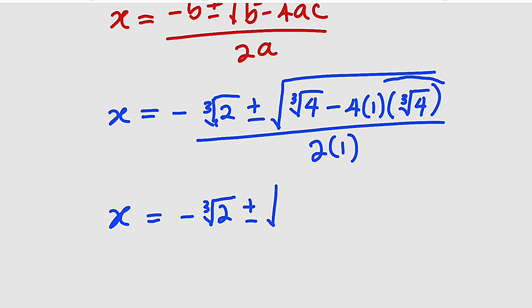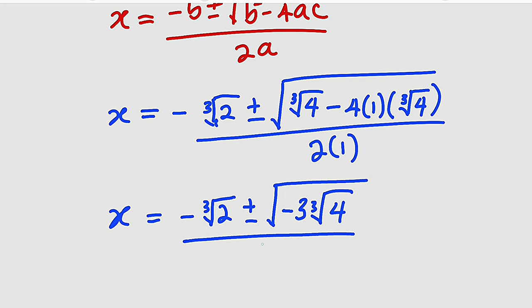If you observe, this is just 4 cube root of 4, and this is 1 cube root of 4. If you subtract, you're going to obtain negative 3 cube root of 4, divided by 2 times 1, which is equal to 2.